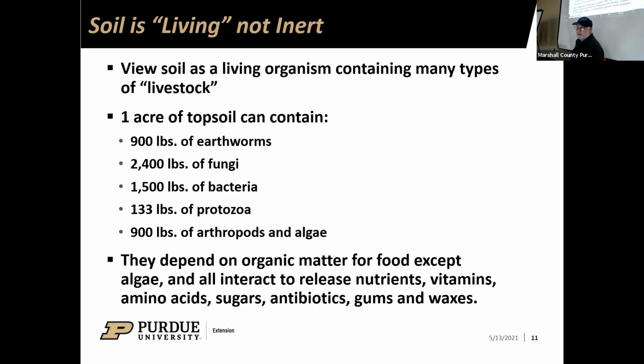They depend on soil organic matter for food, except algae because it creates its own food through photosynthesis, and also interact to release nutrients and vitamins, amino acids, sugars, antibiotics, gums, and waxes. So if we have a healthy soil with a nice population of organisms, we are doing a good job of recycling our nutrients, making them available to the plants we're growing in that soil and to themselves for that matter.